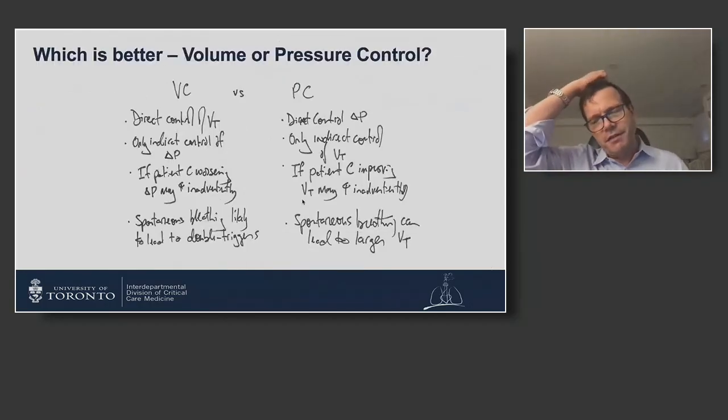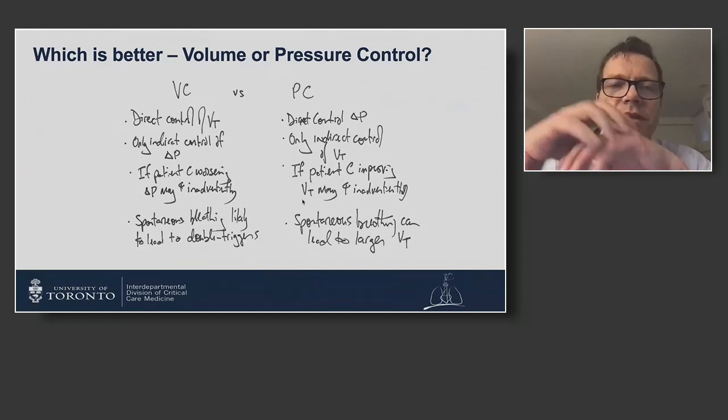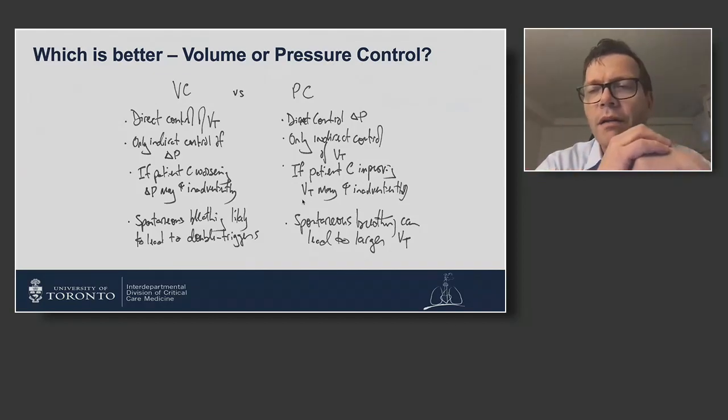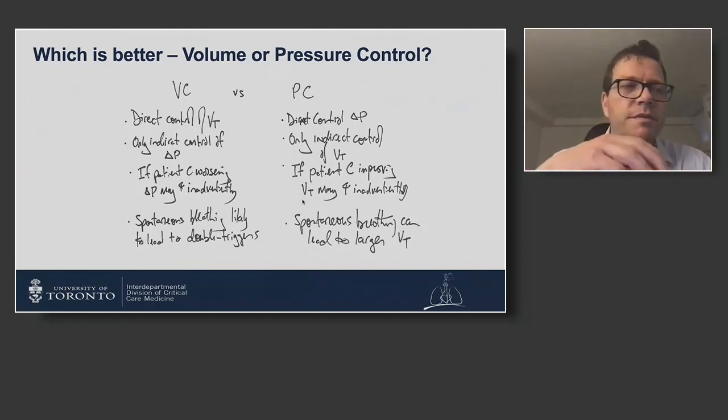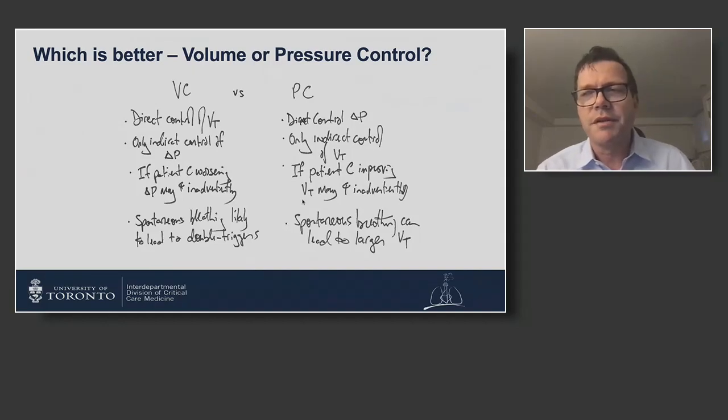So which is better? We get asked a lot, should we use volume control? Should we use pressure control? The truth is, either one can work well. In most modes, it's more about how you use it than which mode you choose. There are pros and cons, and you just need to understand what you're dealing with. So when you're using volume control, like it suggests, you have direct control of tidal volume, but only indirect control of the driving pressure, which may be another important factor for lung protective ventilation.